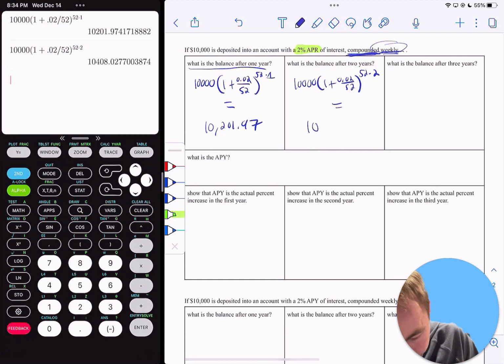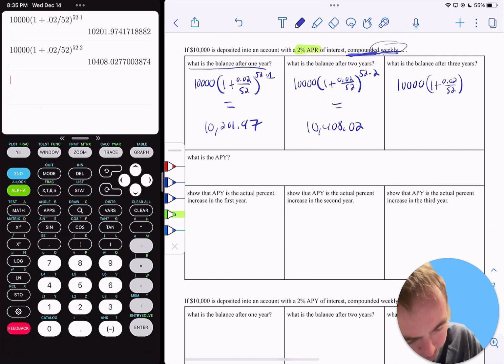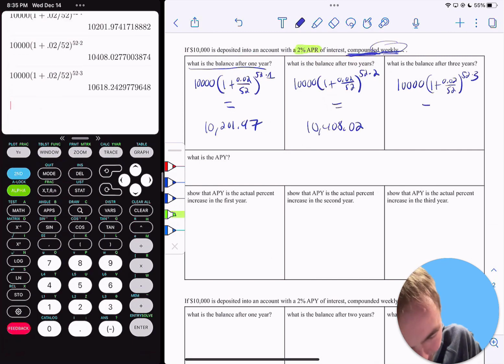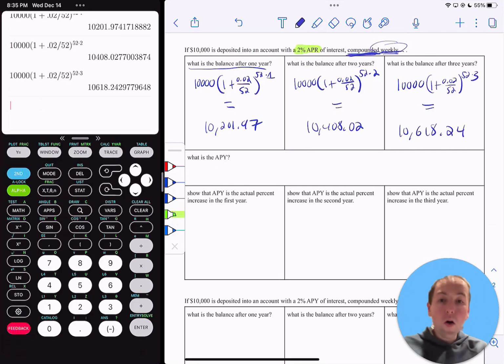And we ended up getting $10,408.02. And then finally, we'll do it one more time to get the balance for 3 years. And that equals $10,618.24. Beautiful.